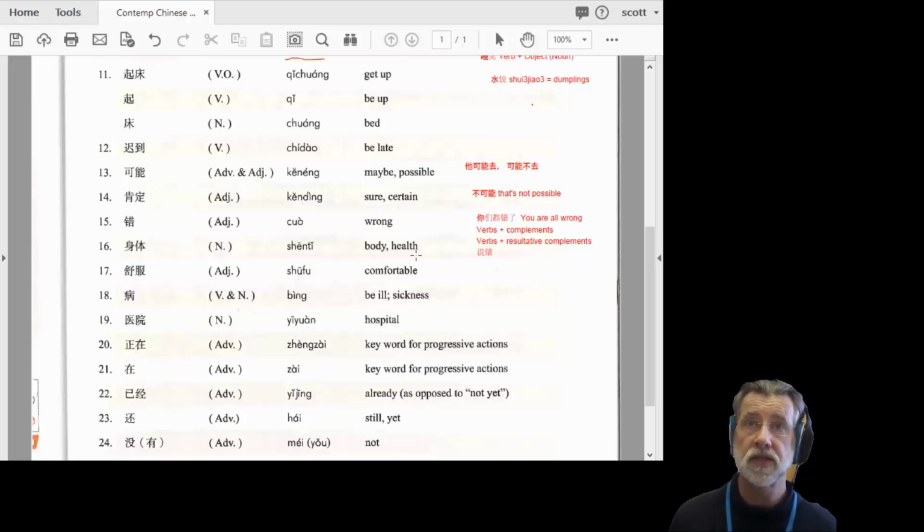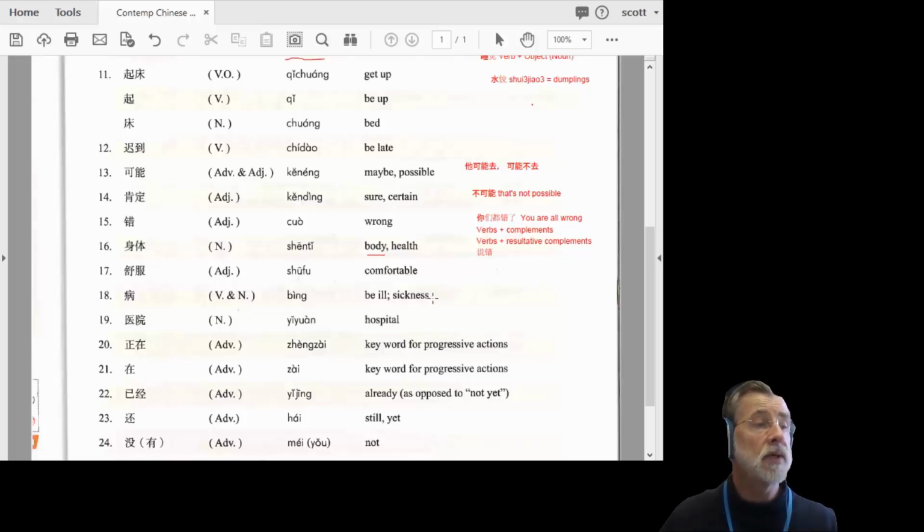If somebody says to you, "你的身体很好," you might be tempted to think they're talking about your body, when in fact they're talking about your health, and they're saying that your health is very good. But if you're talking about somebody getting injured somewhere on the body, then 身体 would mean body, but more often than not, it means health. It depends on the circumstances.